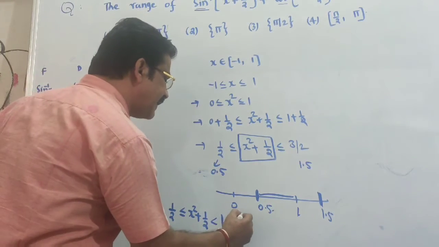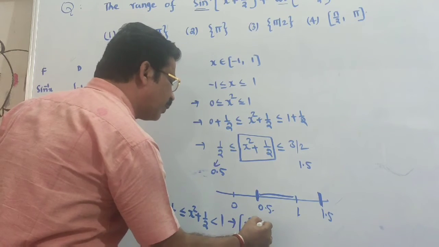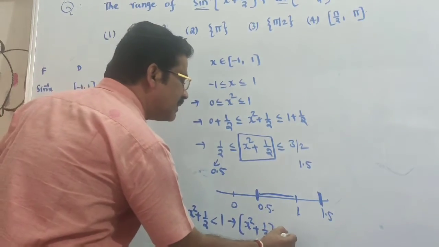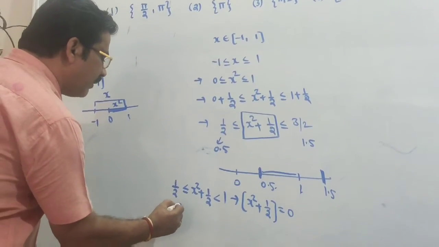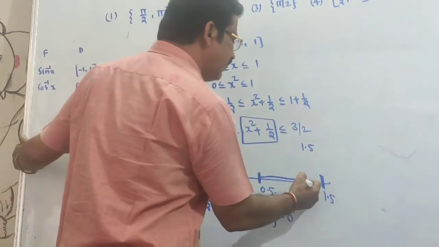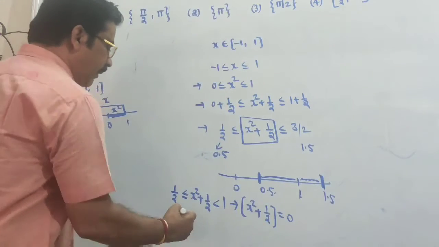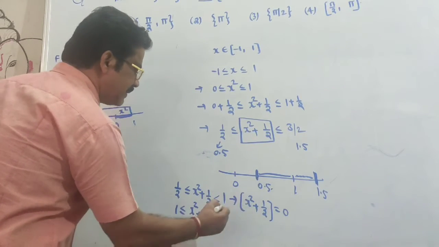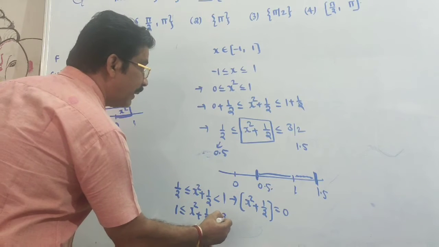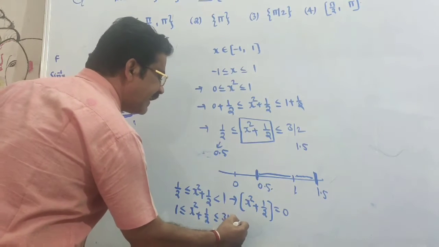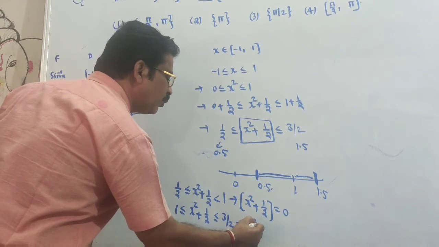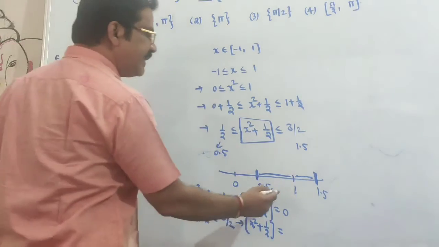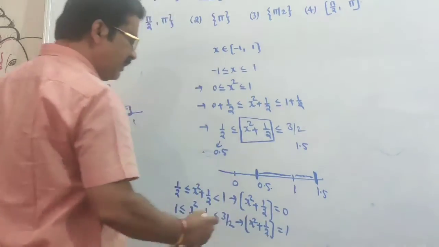In this case, the box value of x square plus 1 by 2 will be 0, and for 1 less than or equal to x square plus 1 by 2 less than or equal to 3 by 2, in this area the box of x square plus 1 by 2 is equal to 1.